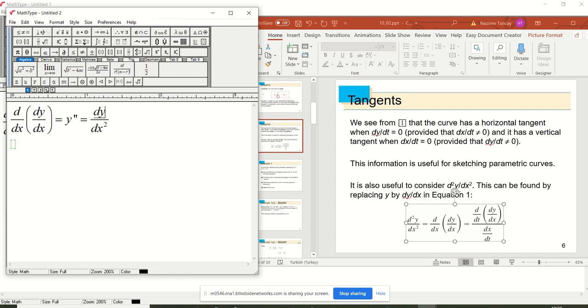You cannot write it like this to represent the second derivative. This is not the way. This doesn't mean power of 2 or x squared. It is just the representation, and writing it otherwise is meaningless in calculus.